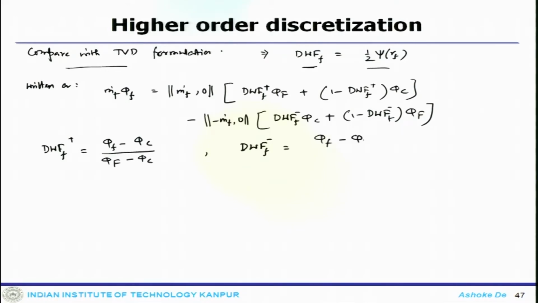This is f minus if f divided by phi c minus phi f.